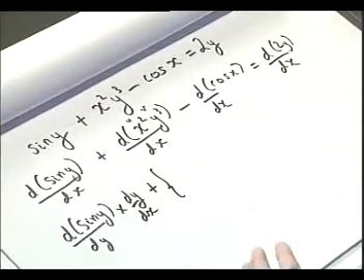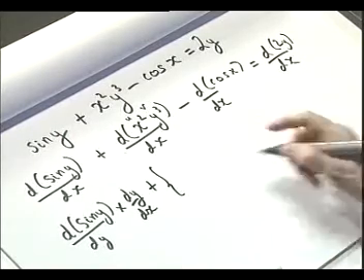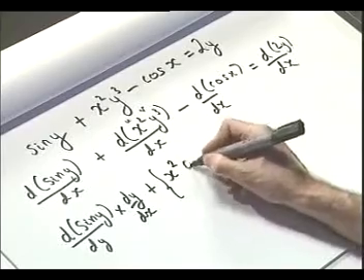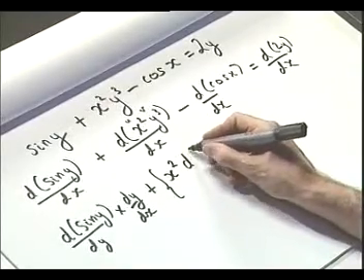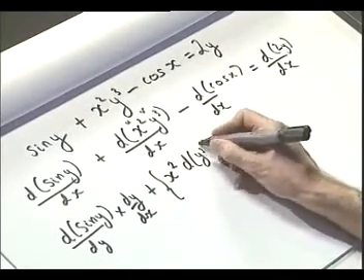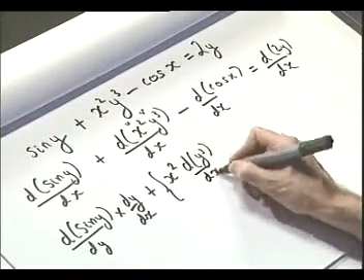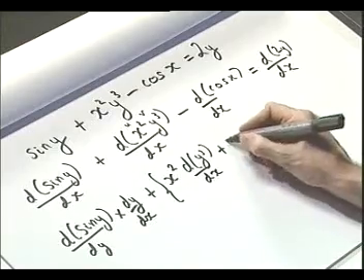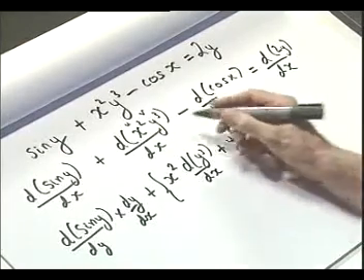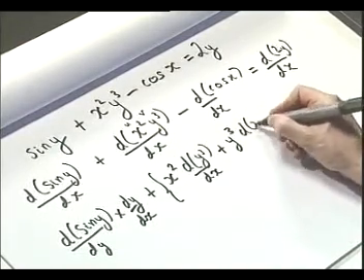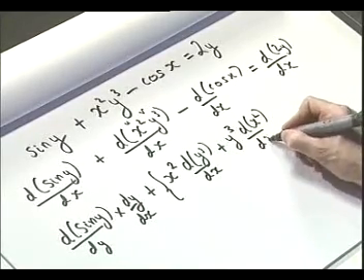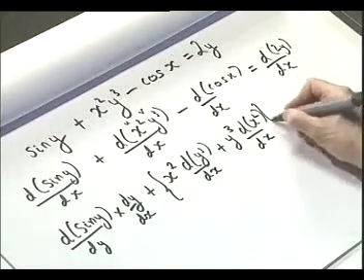Let's remember how we differentiate a product. We take u and we multiply it by the derivative of v. So that's the derivative of y cubed with respect to x plus v, and we multiply that by the derivative of u, which in this case is the derivative of x squared.